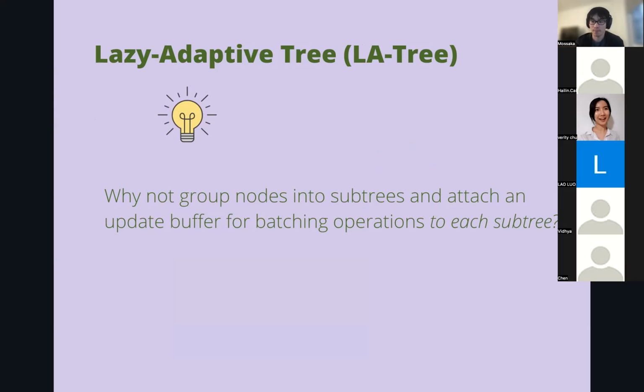So here comes an inspiration light bubble: why not group nodes into subtrees and attach an update buffer for batching operations to each subtree instead of individual nodes? Would that be more efficient? So here comes our next B tree variant, called the lazy adaptive tree, or LA tree for short. Next page.